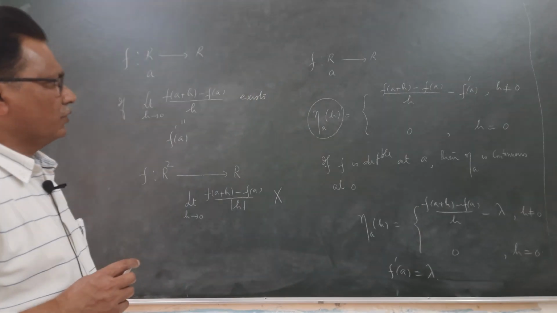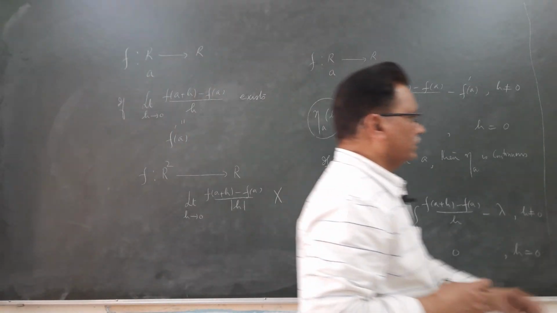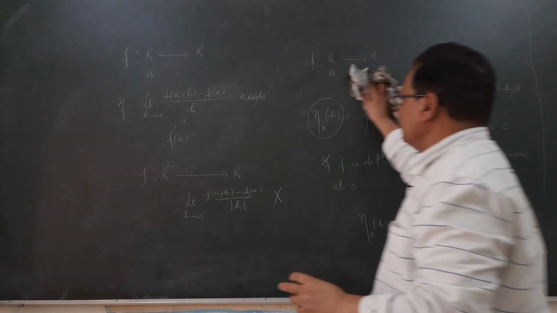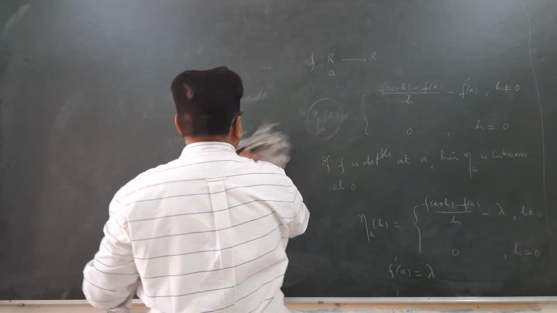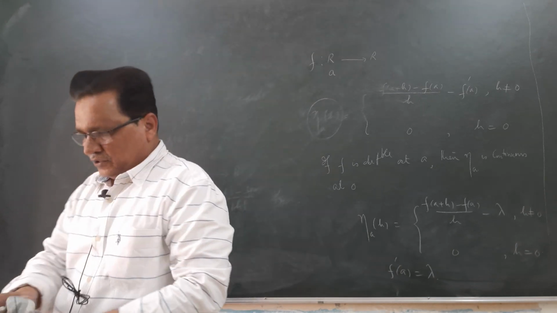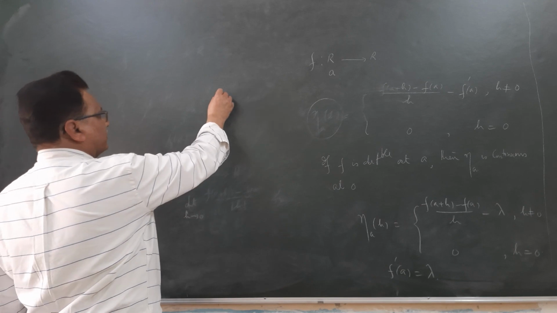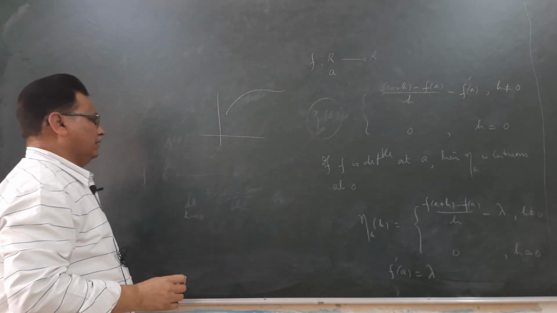Alright. Now this quantity you can see graphically also. So geometrically speaking, when you think of the derivative of a function from R to R, its graph is always a curve.